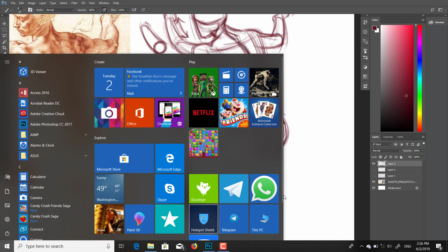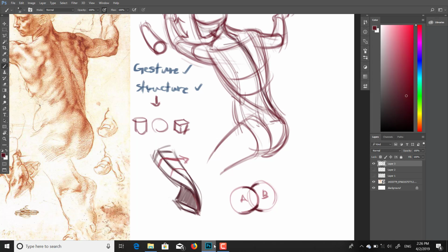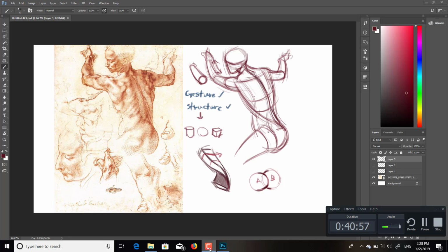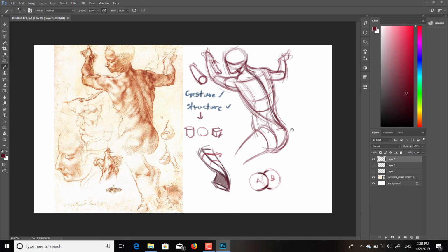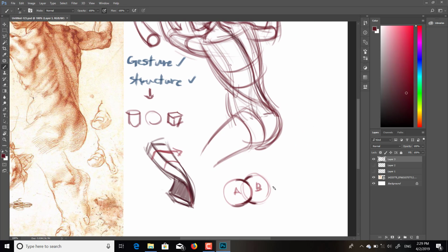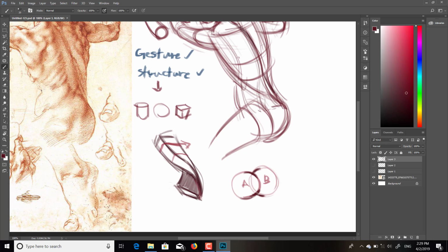Okay, sorry, something strange happened to my Photoshop. Okay, I was telling you what you could do if you want to show that cylinder A is closer. You use overlaps.